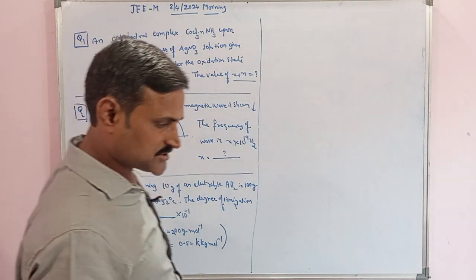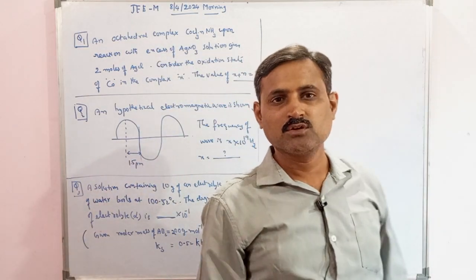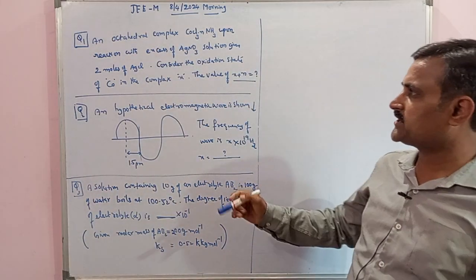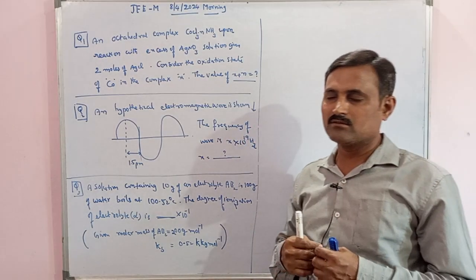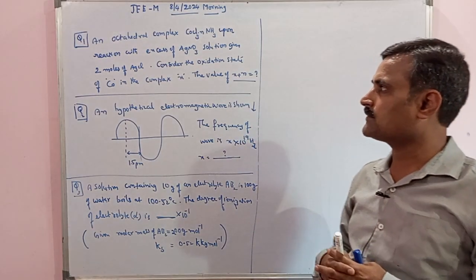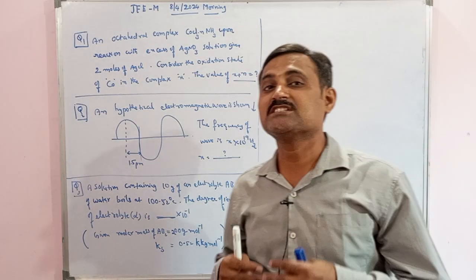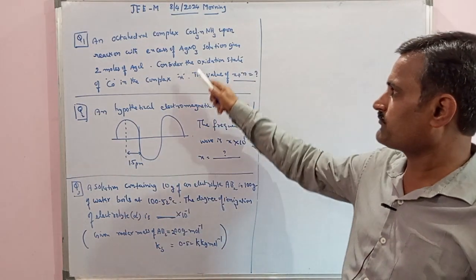See, on seeing this question, dear students, you have all heard about coordination compounds. The cobalt complexes give a white precipitate when treated with excess of AgNO3.